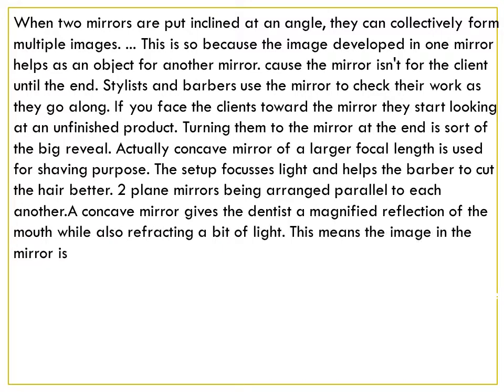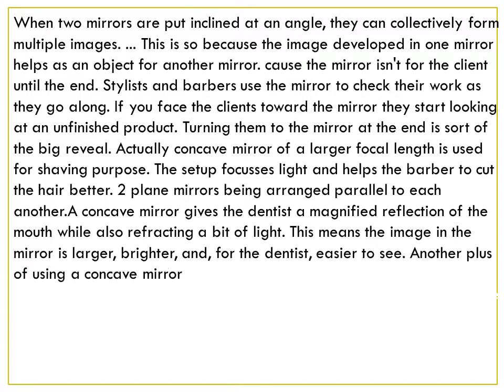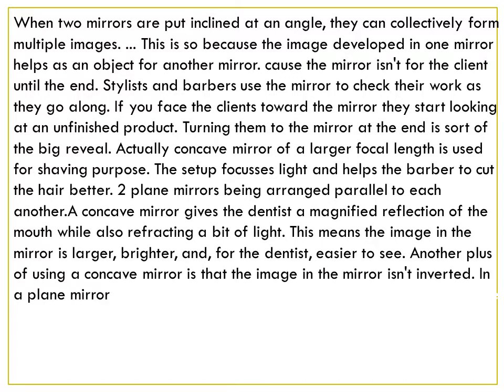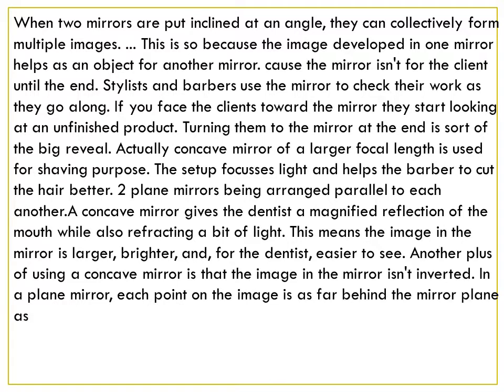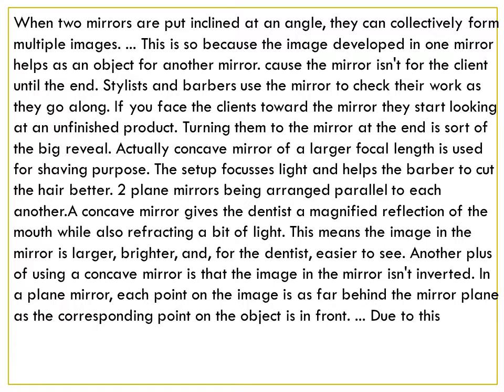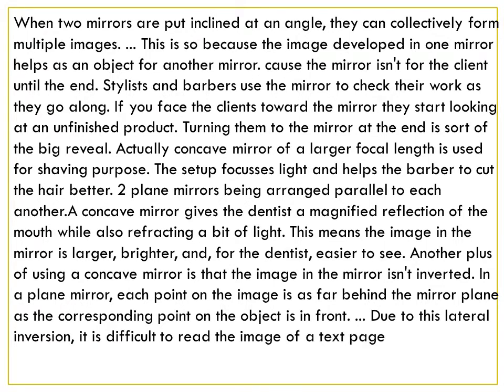Two plane mirrors being arranged parallel to each other. A concave mirror gives the dentist a magnified reflection of the mouth while reflecting a bit of light. This means the image in the mirror is larger, brighter, and for the dentist it's easier to see. Another plus of using a concave mirror is that the image in the mirror isn't inverted, it is a real image.